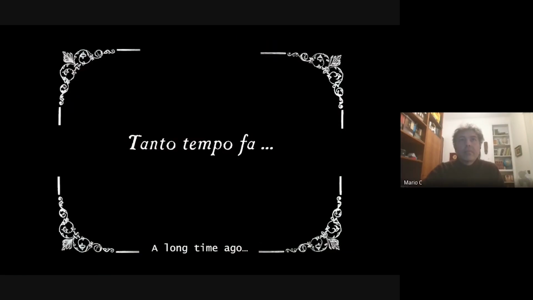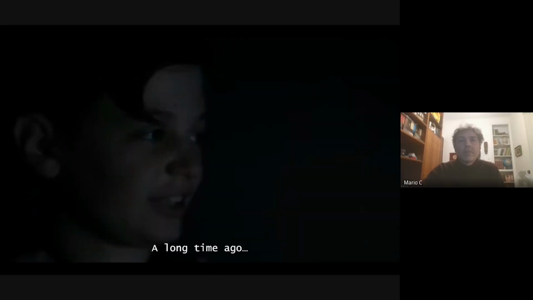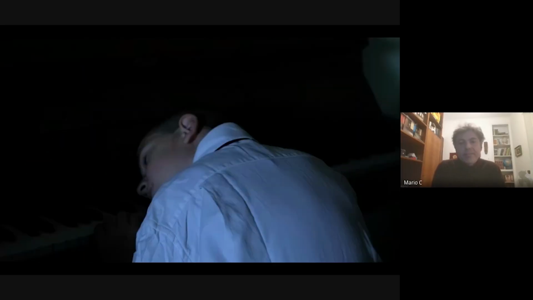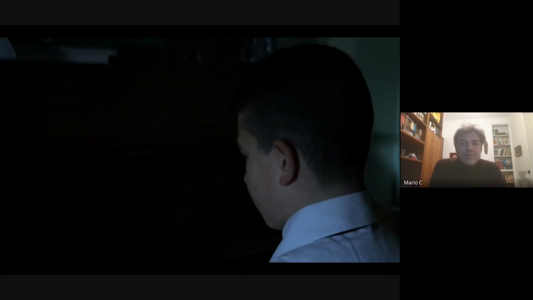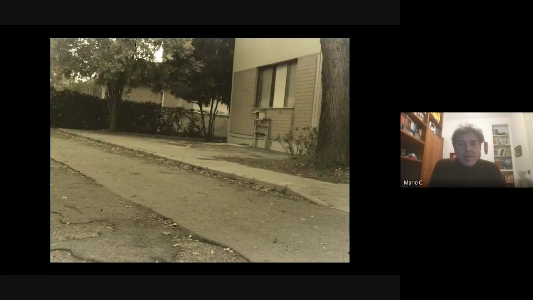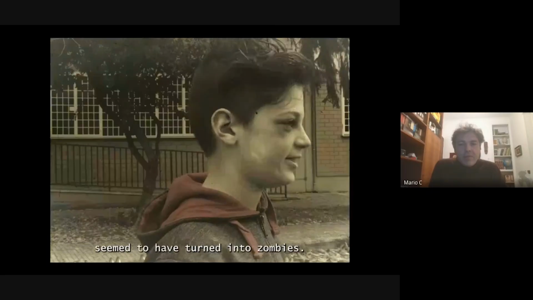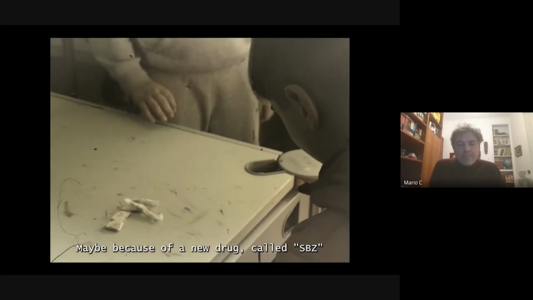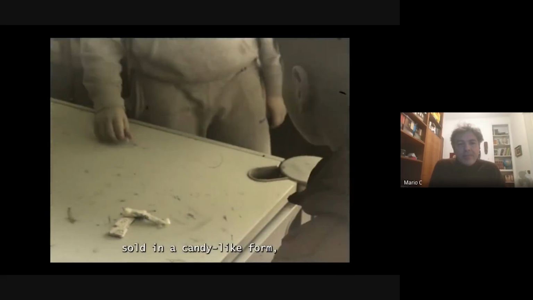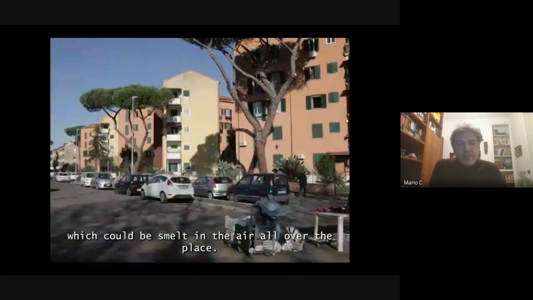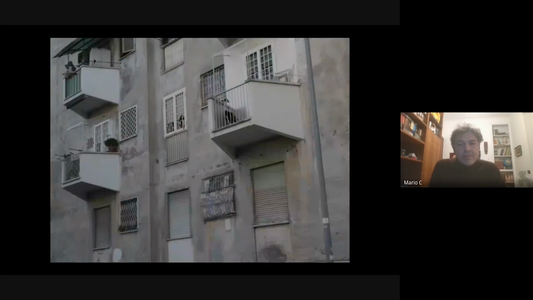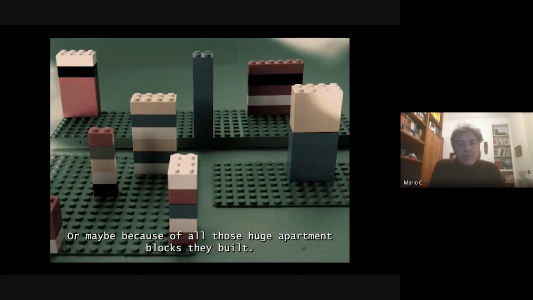Tanto tempo fa, intorno al 2090, tutta San Basilio, le persone di San Basilio sembravano diventati zombie. Forse una nuova droga chiamata SBZ, che circolava sotto forma di caramelle e che si respirava nell'aria. O forse sono tutte quelle case che hanno costruito.